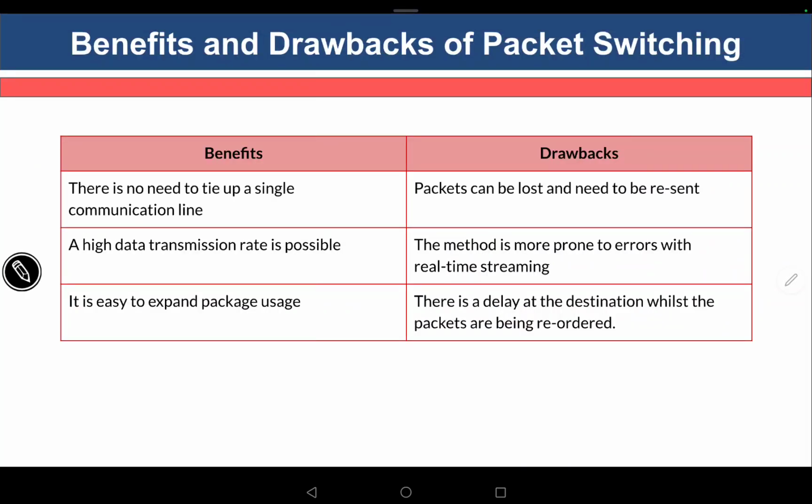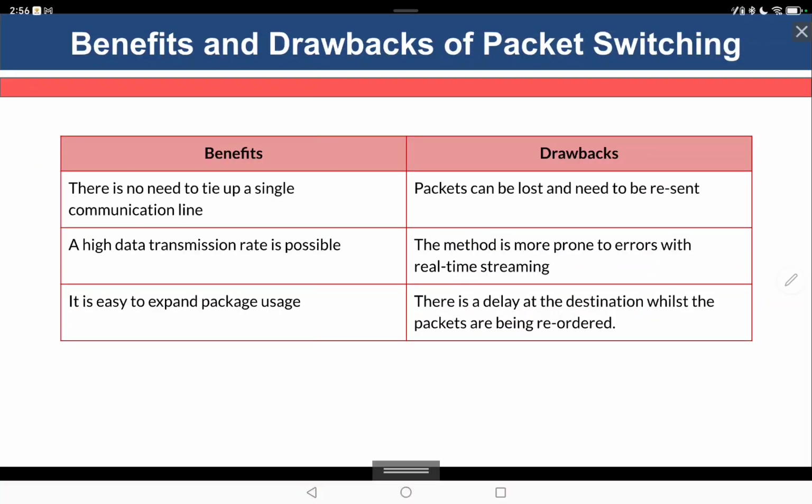Now let's look at some of the benefits and drawbacks of packet switching. The first one says there is no need to tie up a single line of communication. So it means that packets use any free route.